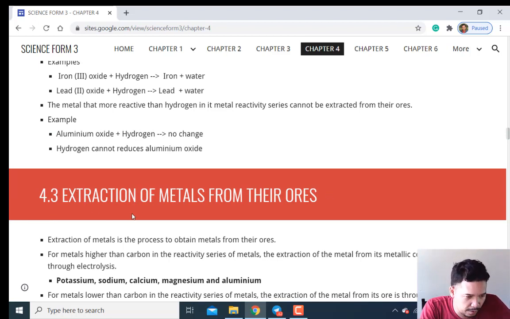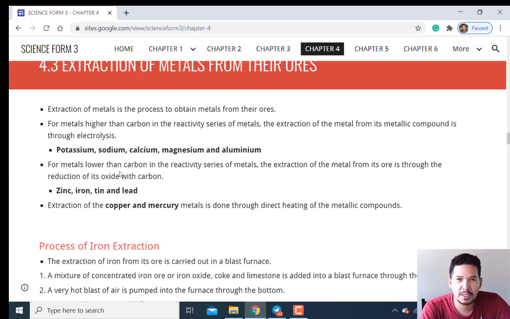Just a simple extraction of metal from their ores. So extraction of metals is a process to obtain metals from their ores. For metals higher than carbon in the reactivity series of metals, the extraction of metal from its metallic compound is through electrolysis. Why?